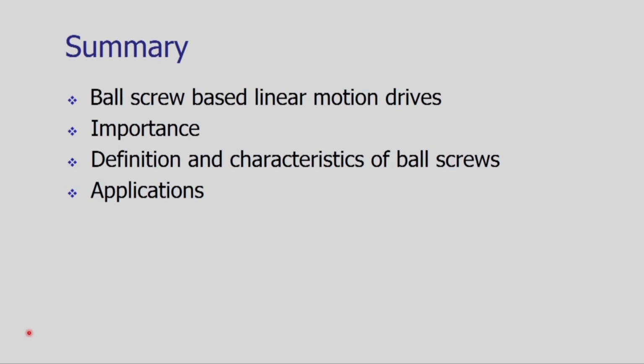After that, we studied its definition, basic characteristics, advantages, limitations, and all related fundamentals. At the end of the lecture, we have seen the applications of the ball screws in automation. Before that, we also studied the necessity to go for preloading.